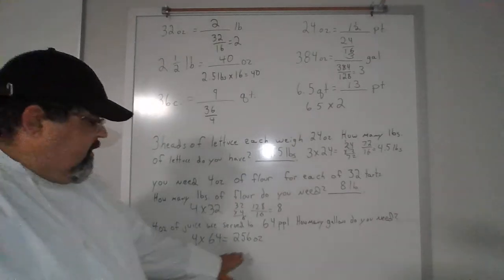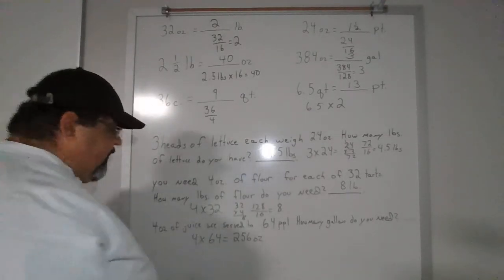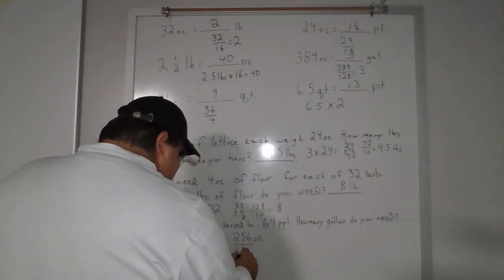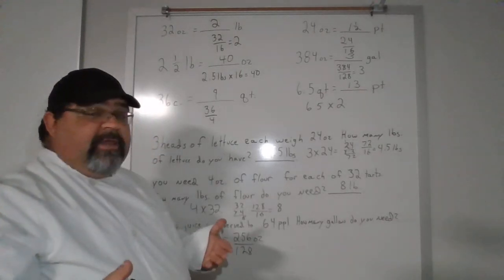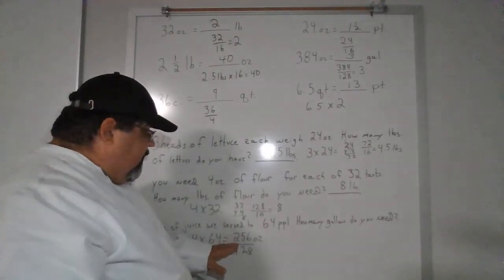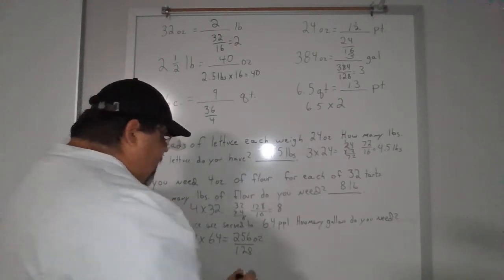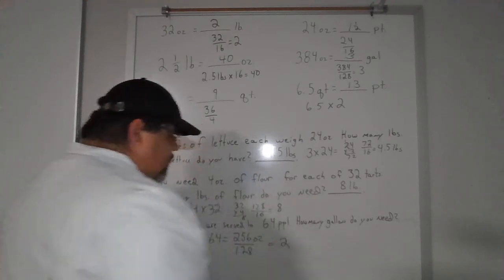But it's asking for how many gallons this is, so we take 256 and divide it by 128. There are 128 ounces in each gallon. So 256 ounces divided by 128 ounces per gallon gives us 2 gallons.